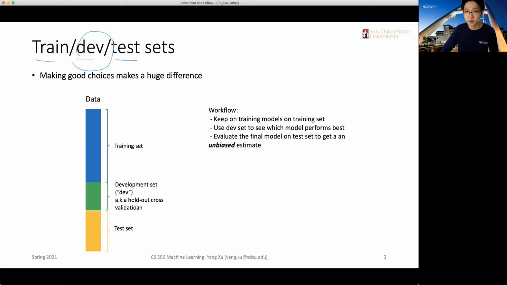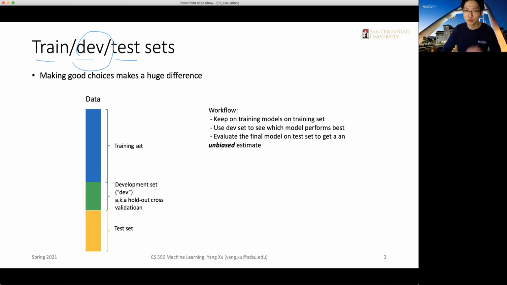The purpose of the dev set, the smallest proportion, the green part here, is to see how your model performs. Or if you are training different models, it's used to select the model that performs best. Okay, and the test set is not used in the training stage.